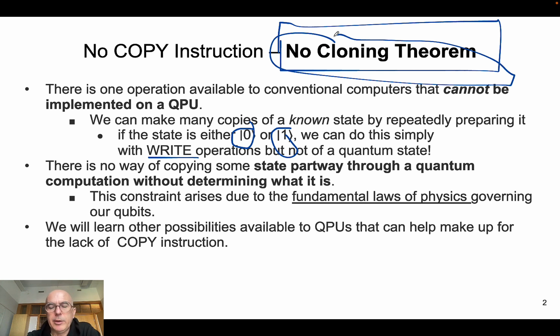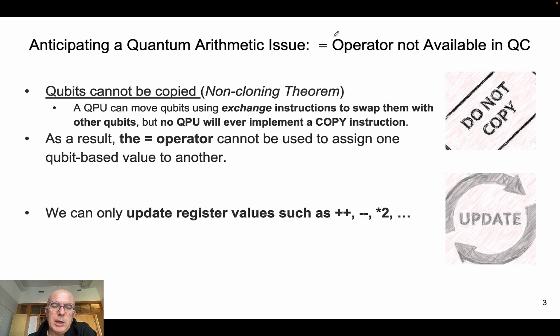However, we will learn later on how to make up for the lack of the copy instruction, for instance, through a swap operation or similar operation. I want to anticipate one of the topics that we're going to look at in the third module, quantum primitives, when we look at the issue of the assignment operator, the equal operator.